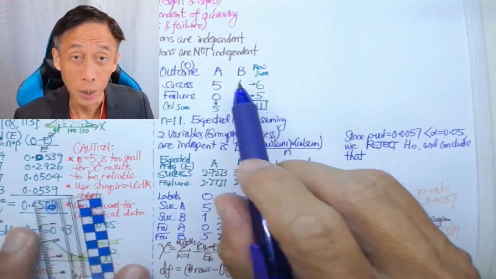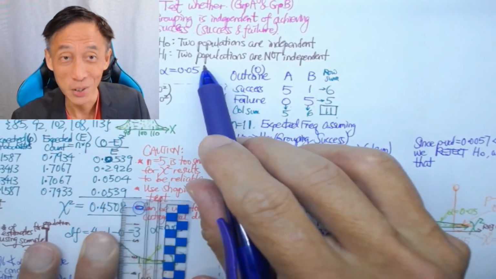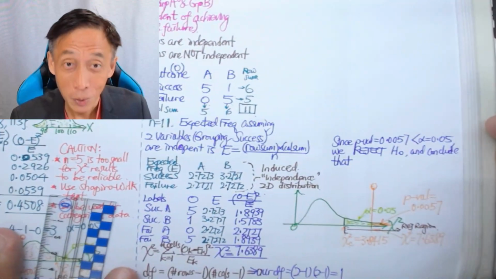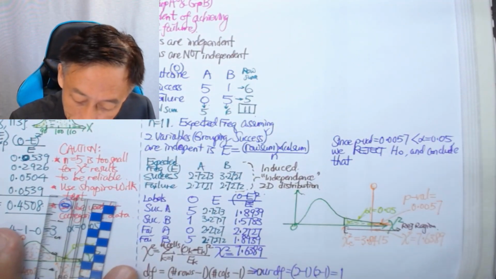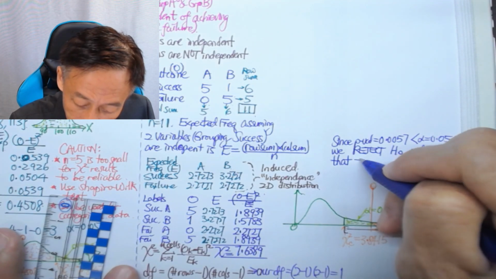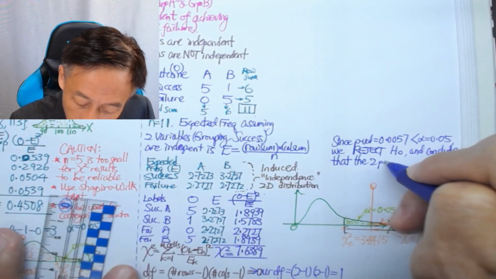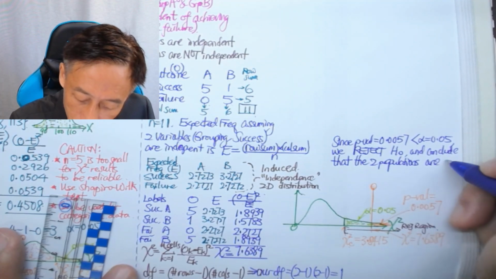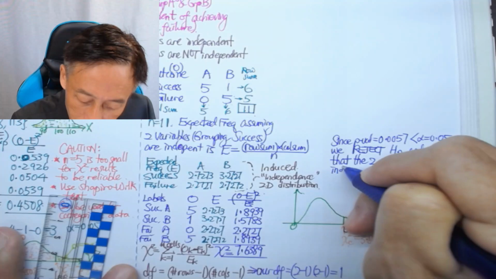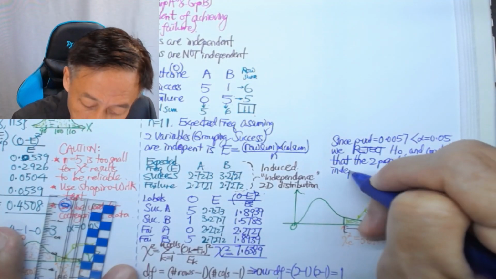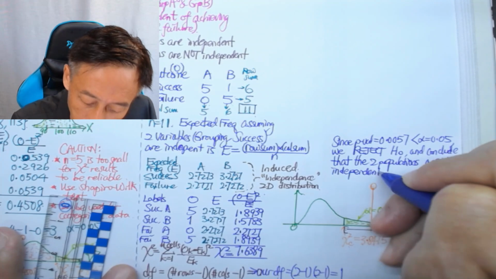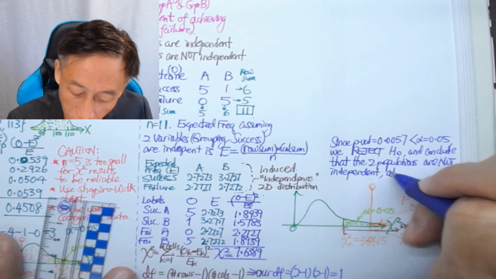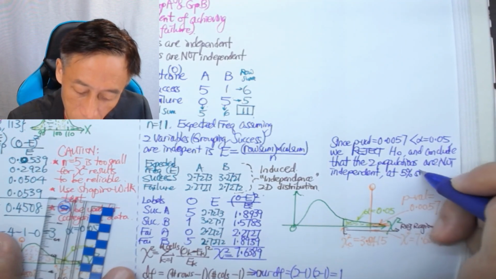H1 says already in English, two populations are not independent. So we will copy that. Conclude that the two populations are not independent, just to emphasize, not independent. What did I miss? Yes, to qualify the significance level, at 5% significance level.